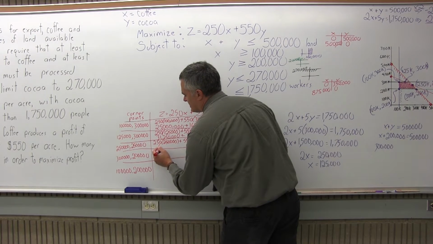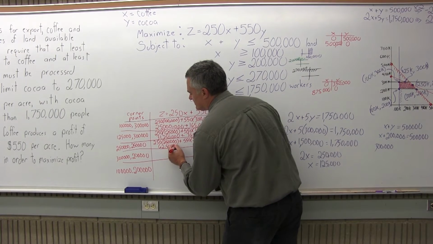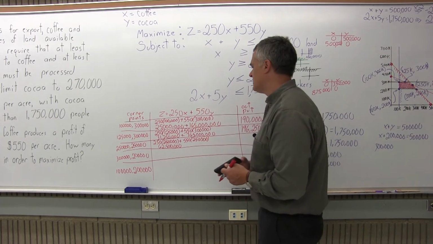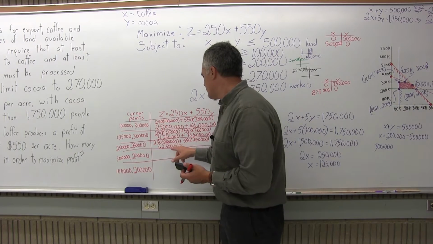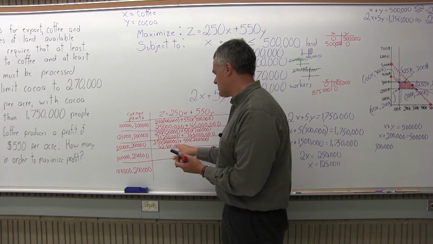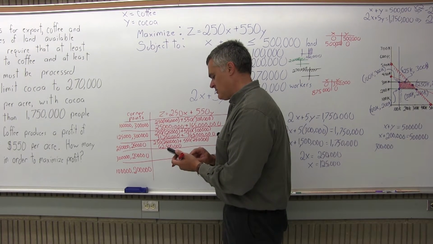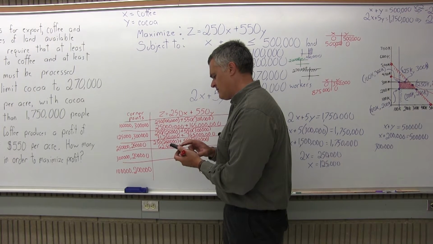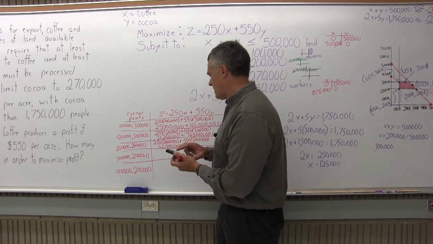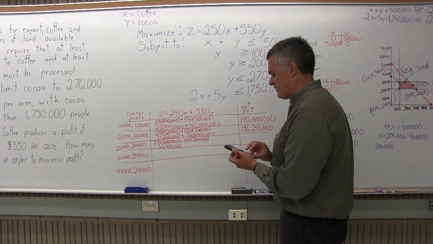So it should be 625 with 6 zeros. Well, let me try that again. I may have made a mistake with the calculator. 250 times 250,000. So 1, 2, 3 more zeros. 62,500,000. Okay.